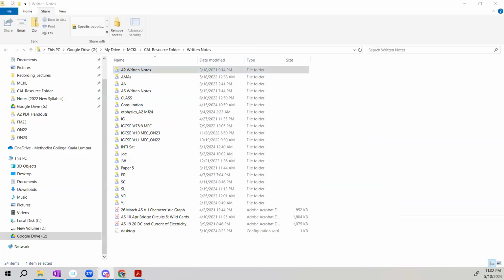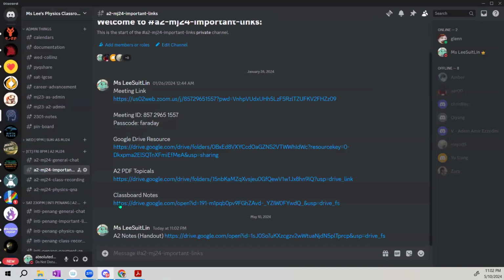I can't be pasting everything inside the chat, right? That'll be very weird. So everything is inside the Cal resource folder, Google Drive resource. Click on this one.